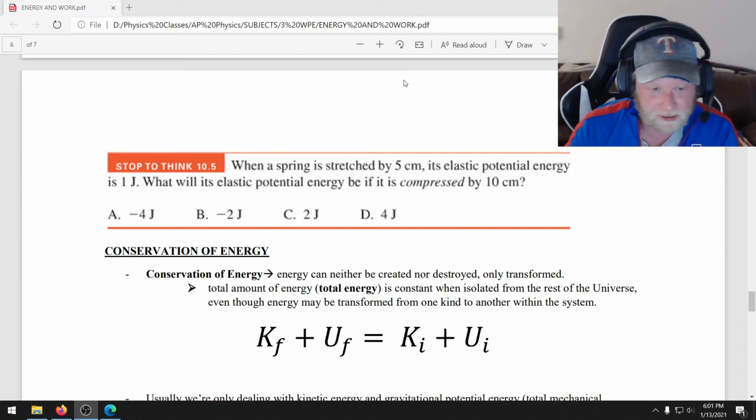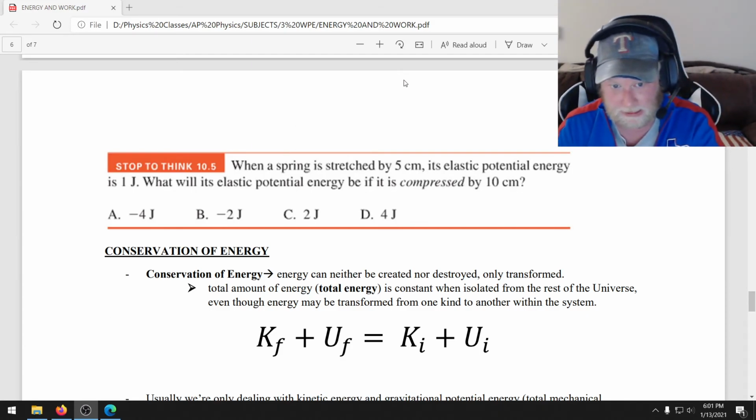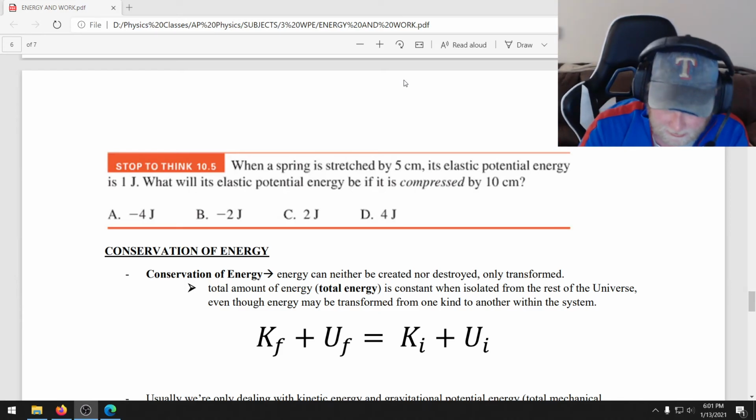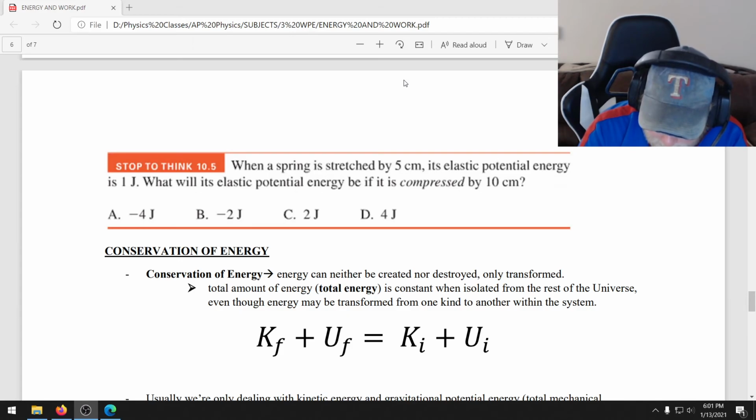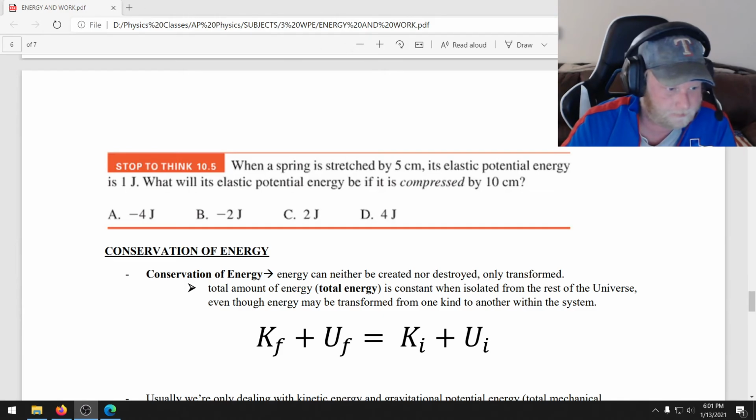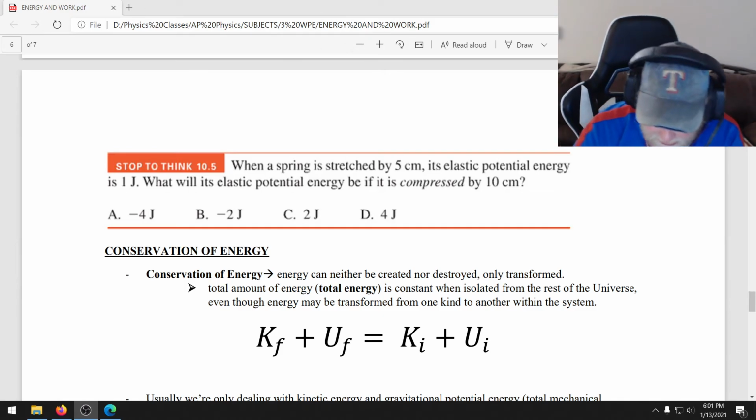All right, a good place to start would be to find the spring constant. If we look at our elastic potential energy equation, we know that there's 1 joule of energy when you stretch that spring by 0.05 meters. So k here comes out to 800 newtons per meter.